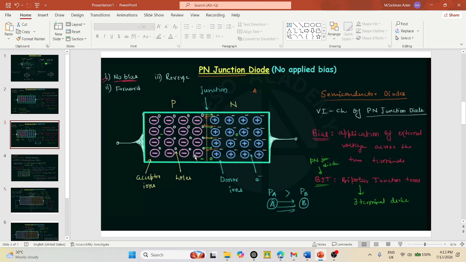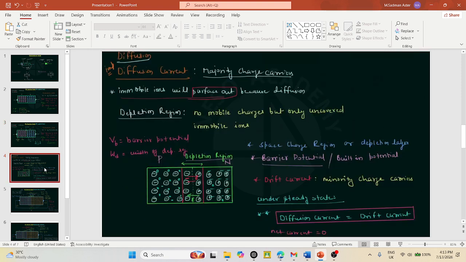And in the p-type semiconductor the holes have a mass concentration, and in the n-type semiconductor the electrons have a mass concentration. So due to this concentration gradient, holes try to recombine with electrons, and also the electrons try to recombine with the holes. As a result of this recombination, the holes get recombined with the electrons and the electrons get recombined with the holes.